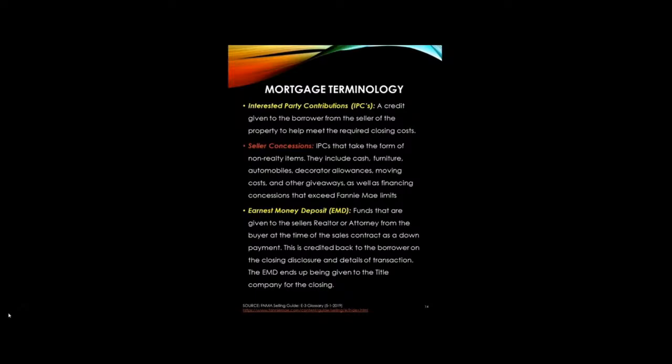It can't be true cash in their hands. That's why we need sourcing of that check. At the end of the day, whatever money is given to the seller's attorney or seller's realtor would be given to the title company for closing, and those funds would be used for the down payment of the property.